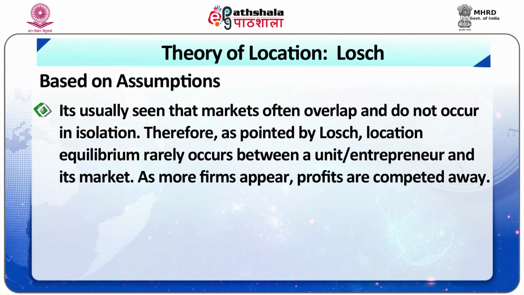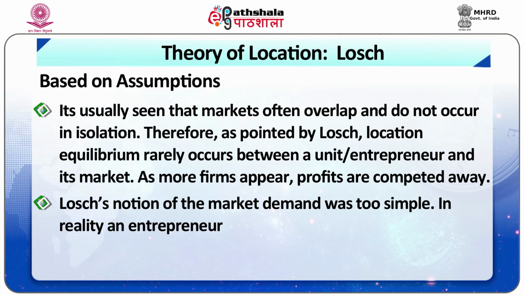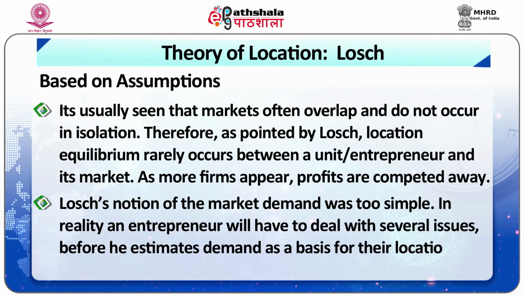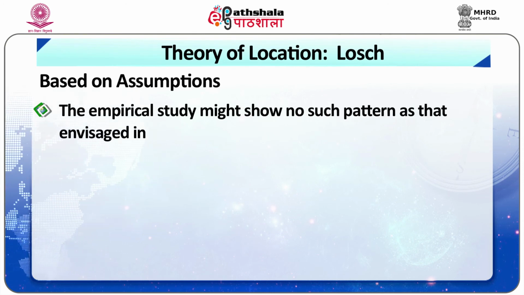As more firms appear, profits are competed away, and Losch's notion of market demand was too simple. In reality, an entrepreneur will have to deal with several issues before they estimate demand as a basis for their locational decisions. The empirical study might show that no such pattern as that envisaged in the theory exists.